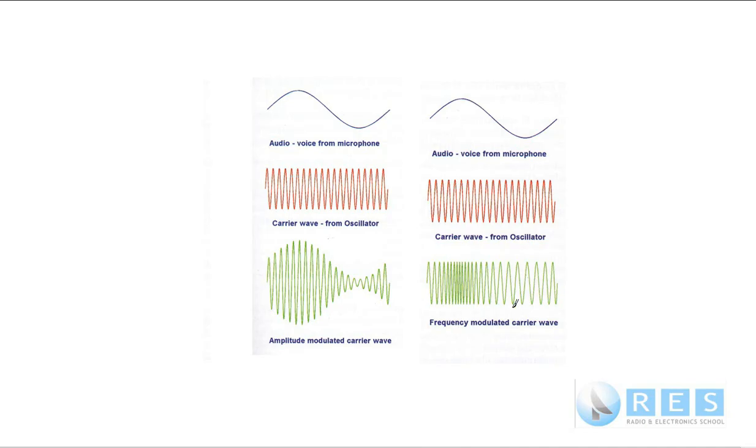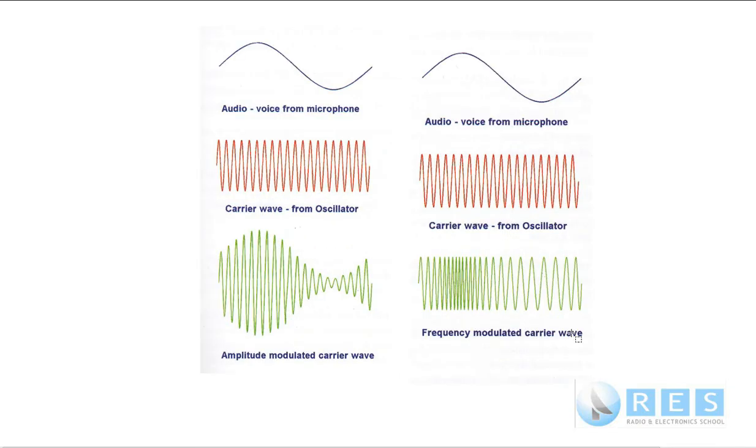That's a higher frequency. That is called frequency modulation. So with amplitude modulation on the left, it is the amplitude of the transmitted signal that is changing, and with FM on the right, it is the frequency of the transmitted signal that is changing.